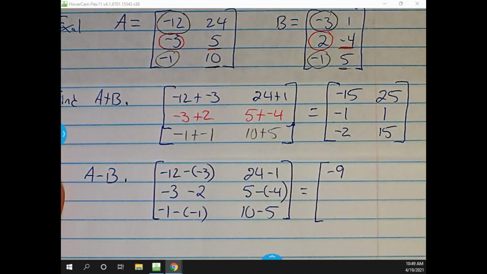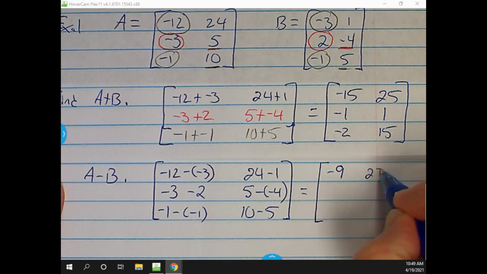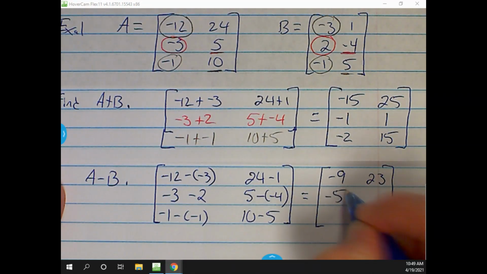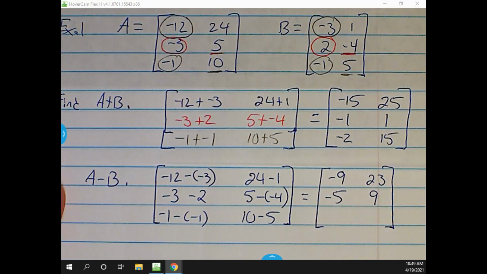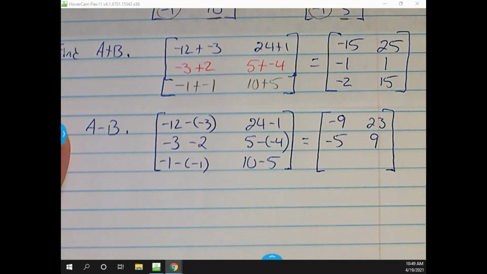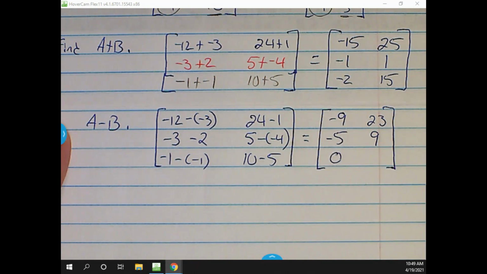So it'll make that -9. 24 minus 1 is 23. -3 minus 2 would be -5. 5 minus -4 would really be 5 plus 4, so that'll be 9. -1 minus -1, that's -1 plus 1, and that'll be 0.